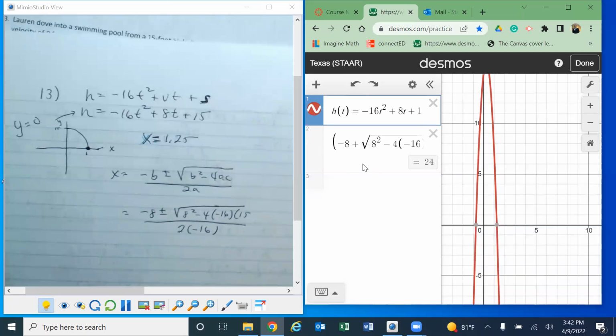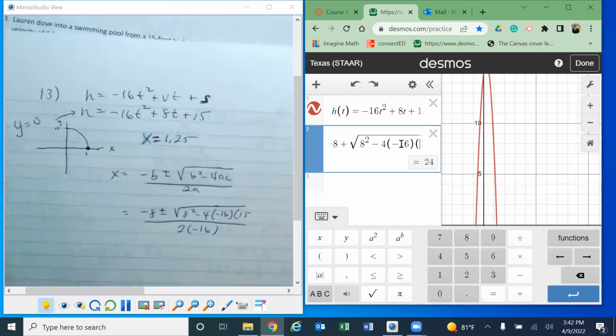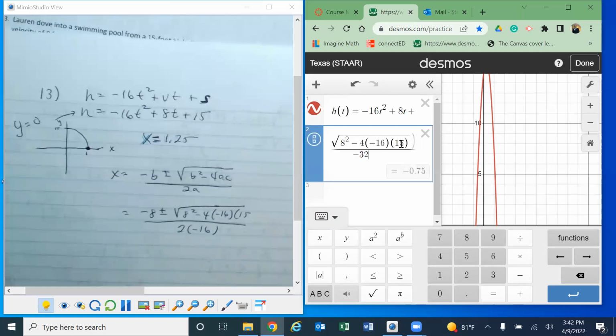And then I'm going to put divide by 2. You can put it just like it's 2. Let's just put the answer to be safer, negative 32, because it's a negative 32. All right, if you look, it says a negative 0.75.